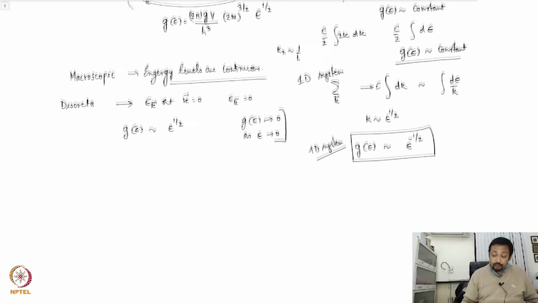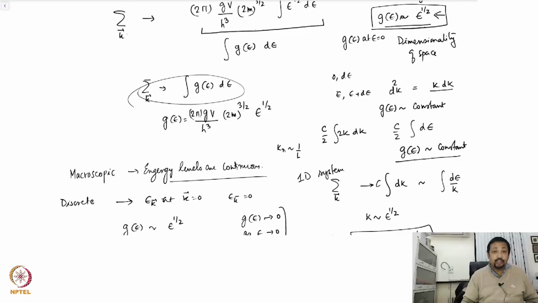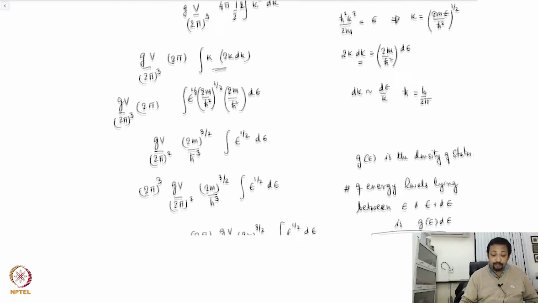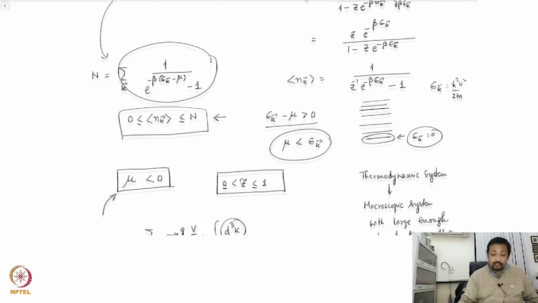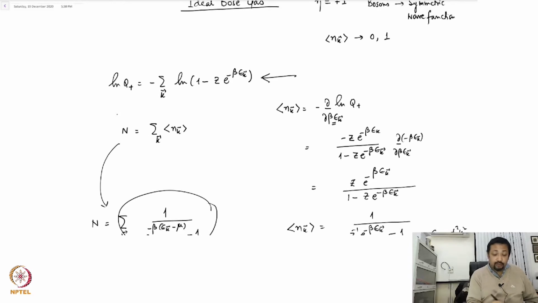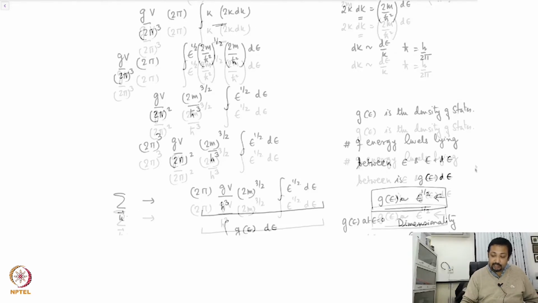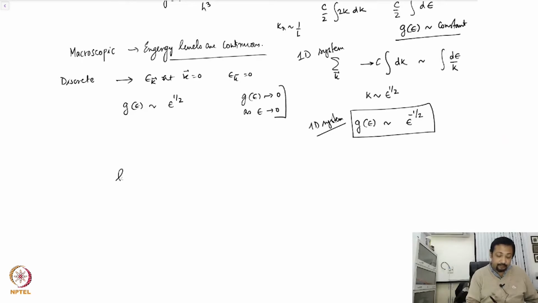So what we have to do is separate out the zero energy level, the zero momentum vector, which we do over here. Looking at this expression, I can write this sum as ln q equals minus the sum over k of ln(1 minus z e to the power minus beta epsilon k) minus g ln(1 minus z).